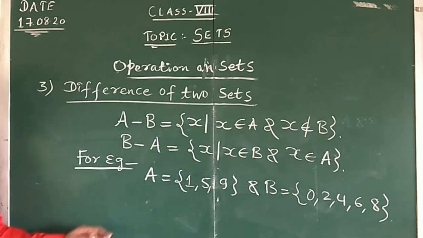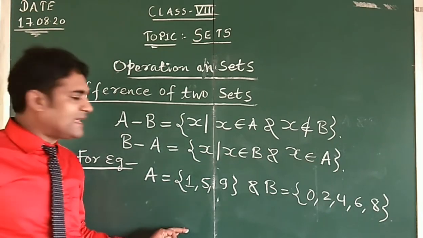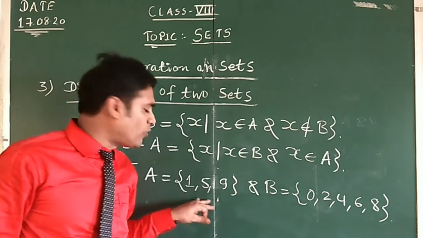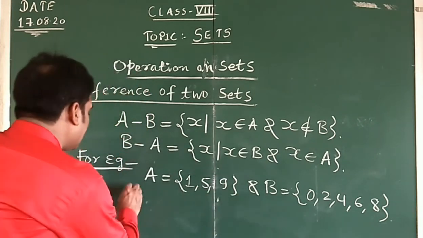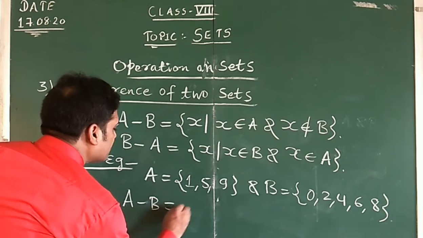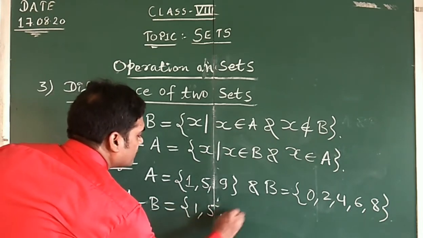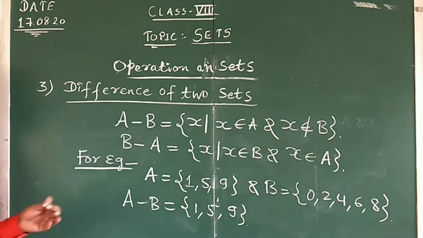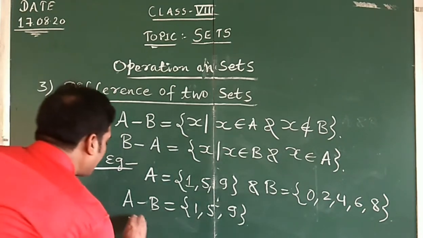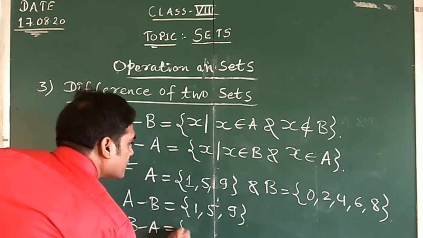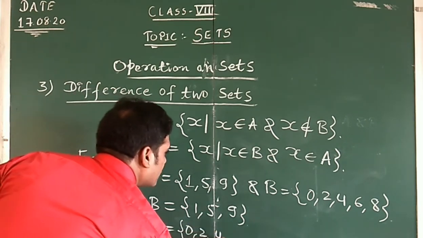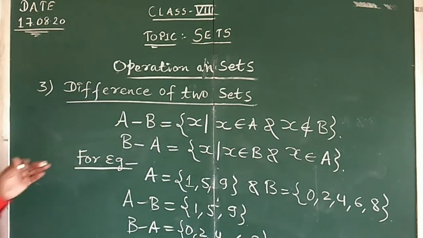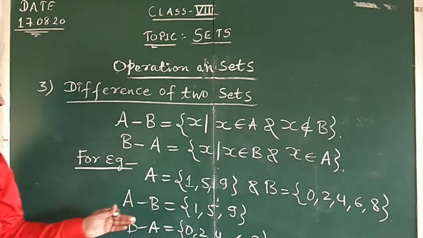Now children, see here A minus B. There is no common element between the sets A and B. So A minus B is simply {1, 5, 9}. Similarly, B minus A is {0, 2, 4, 6, 8}.